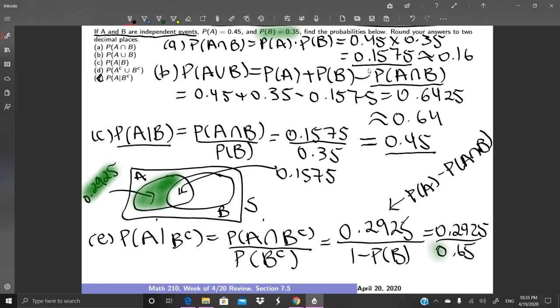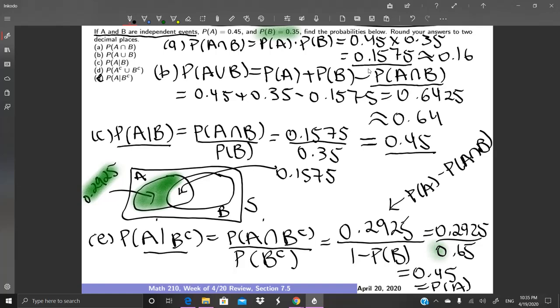And then when you divide the two, you end up with 0.45, which of course is the probability of A. Right? So now we can see that A and B complement also are independent events, same as A and B.